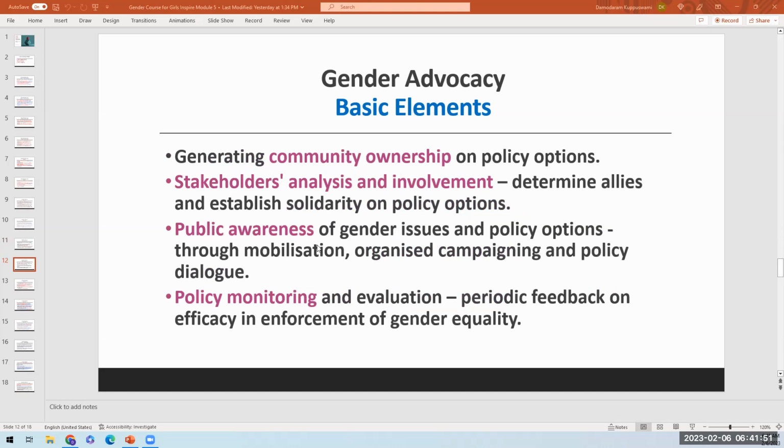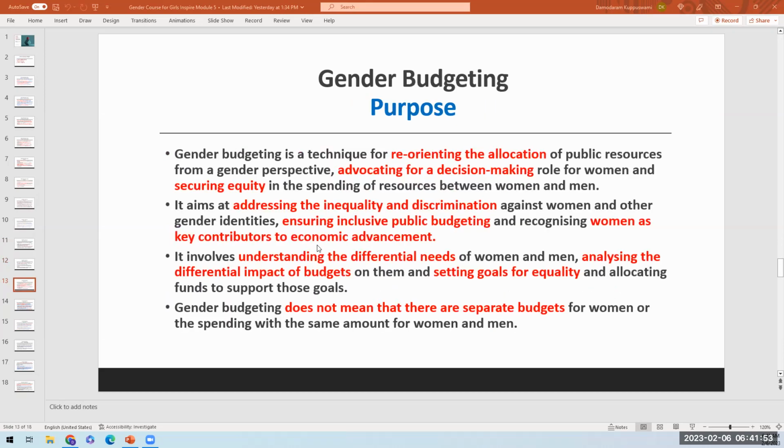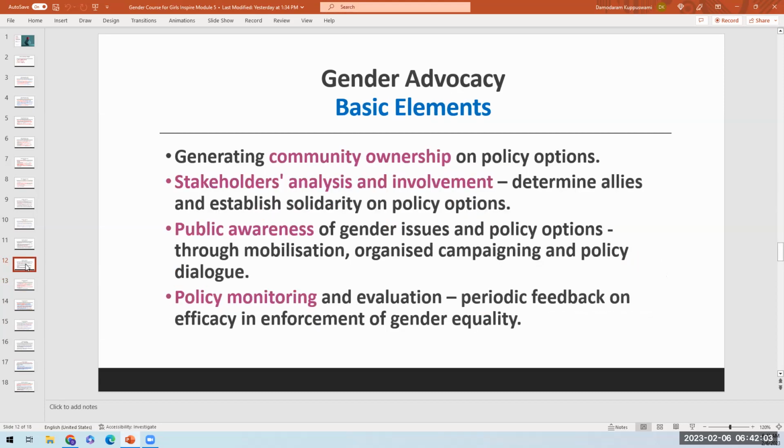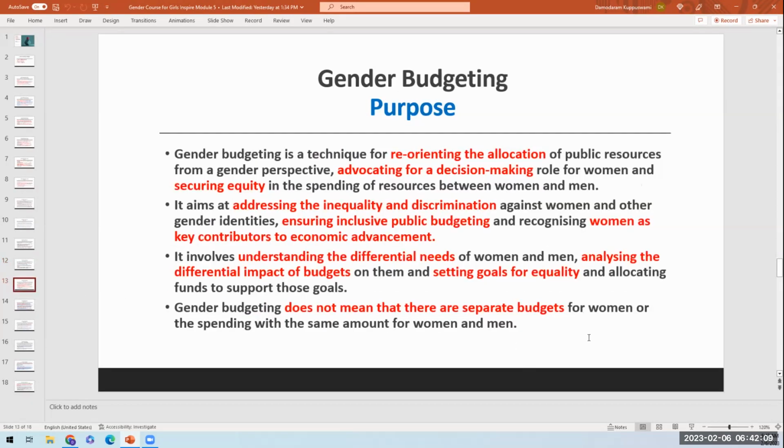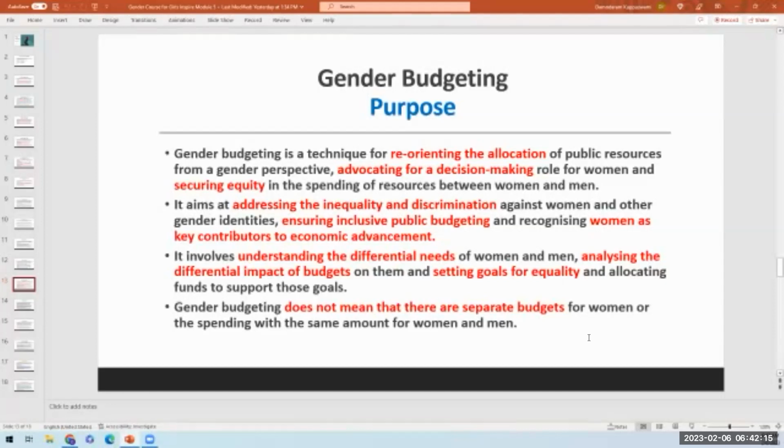For us, where I live in Busia, there is so much gender violence, especially sexual violence against children. And we've been advocating to have Busia county-specific gender policies, because our problem may not be the same as what is in central Kenya.